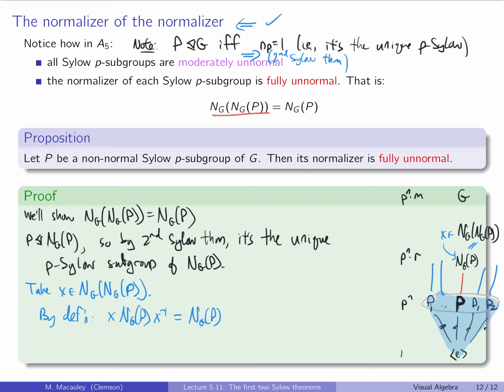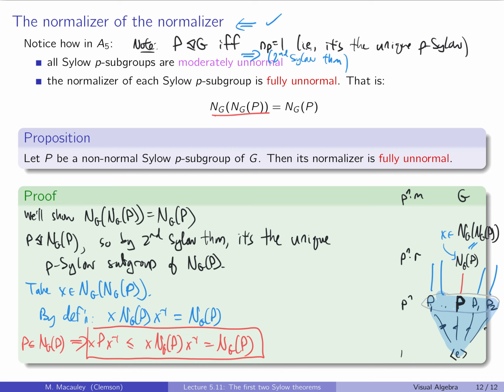So, since P is in the normalizer of P, this is almost trivial, but we can say that xPx inverse has to be in x times the normalizer of P times x inverse, which is the normalizer of P. And now what?